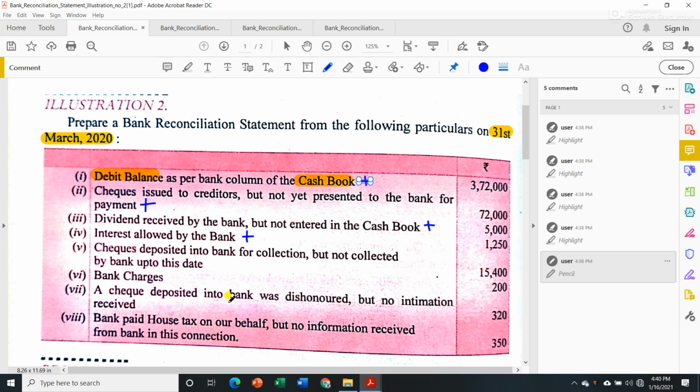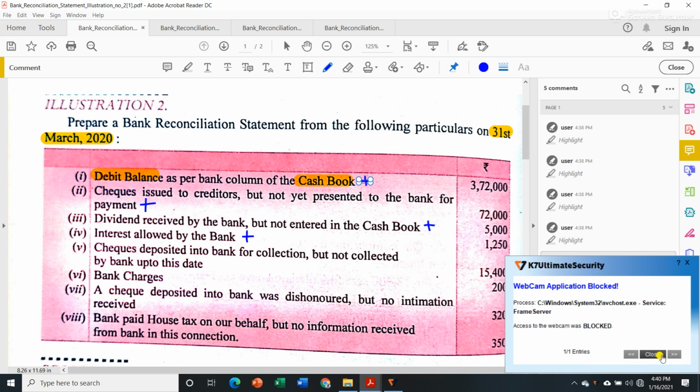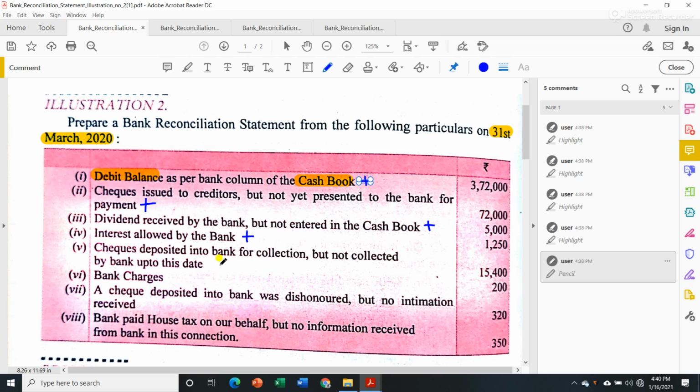Okay, then next is checks deposited into bank for collection but not collected by bank up to this date. It means we have deposited some check to the bank for collecting money from someone, but the bank hasn't actually received it. So in that case our passbook will show less amount. When we deposit a check into the bank, we write it on the receipt side of our cash book.